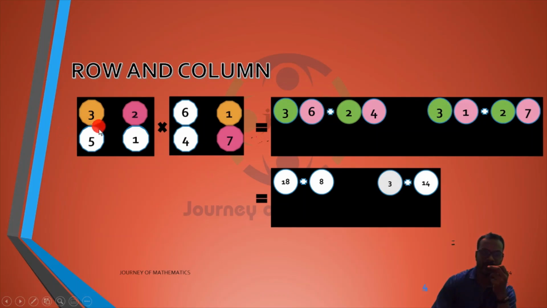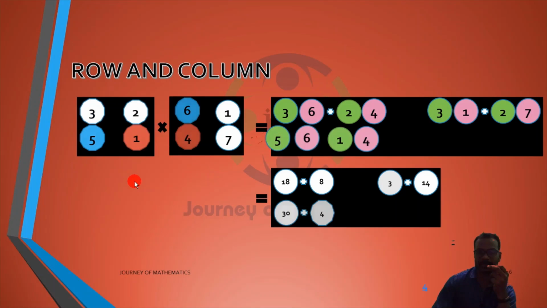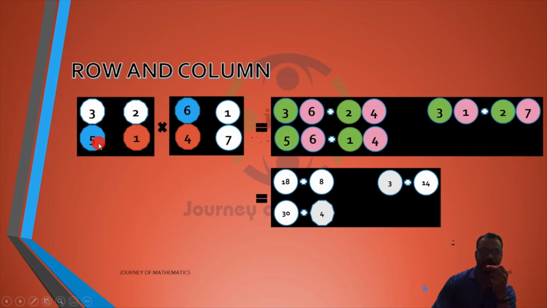Next, come down to the second row and apply the multiplication in this way. That means take the T shape. The first element of the second row into the first element of the first column in the second matrix. So 5 into 6, 1 into 4.